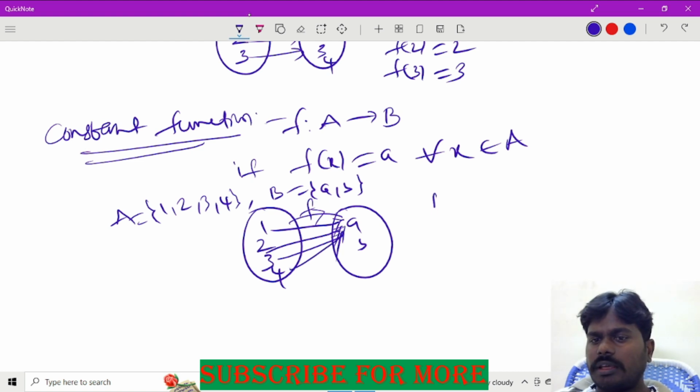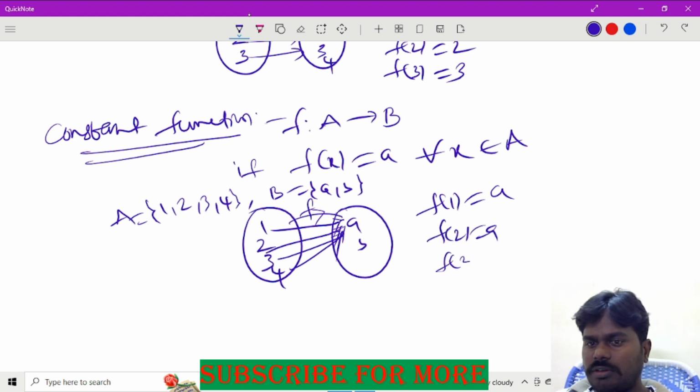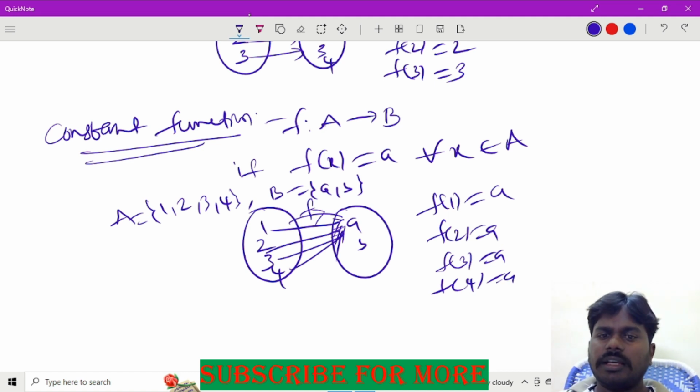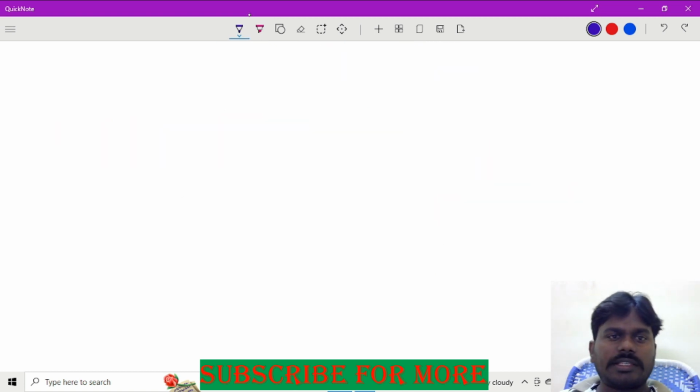So whatever values we consider in set A, the image is only a. So f(1) equals a, f(2) equals a, f(3) equals a, f(4) equals a. All of these are associated with a single element, the constant element a. So this type of function is called a constant function. Okay, next, polynomial function.